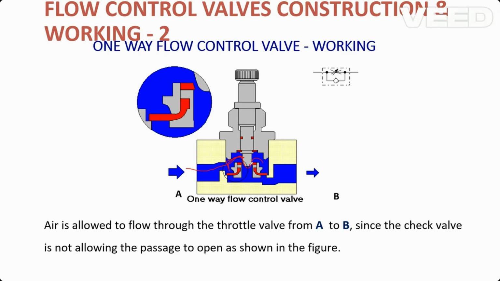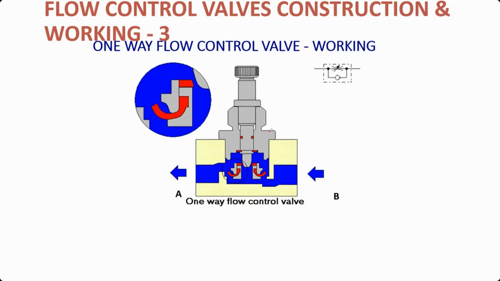After adjustment, only the air passed through this opening will flow outside. I can adjust it from 0% to 100%. If I adjust at 50%, only half the amount of air goes. If I adjust at 25%, only 25 percent of the airflow will go.